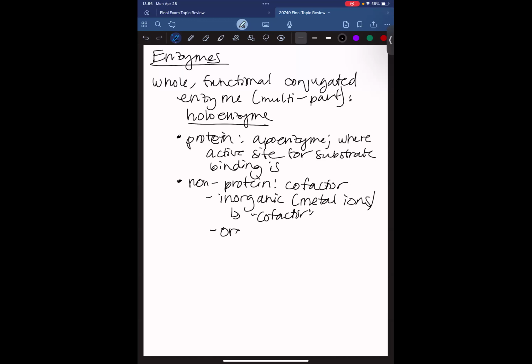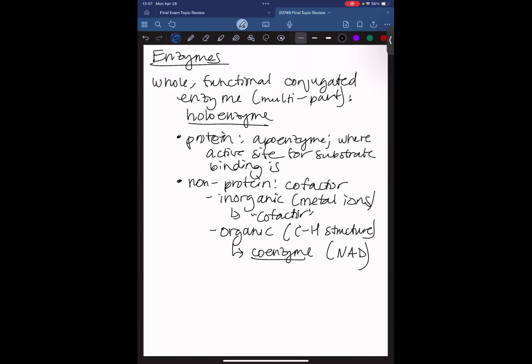But if it is organic, meaning that it has a carbon hydrogen backbone, then this is called a coenzyme. And most of our vitamins actually fall into this, because those are organic structures based on a carbon hydrogen backbone, and they are required for our protein to function, so they are a coenzyme. And this includes things like NAD and all that we talk about in metabolism.